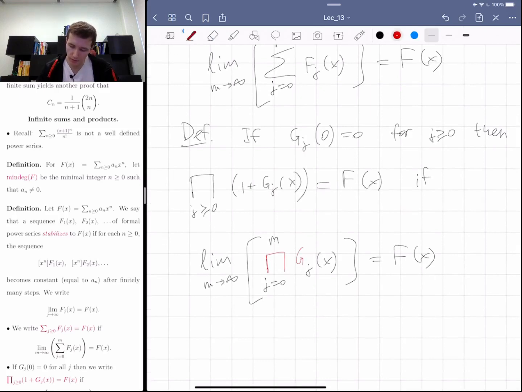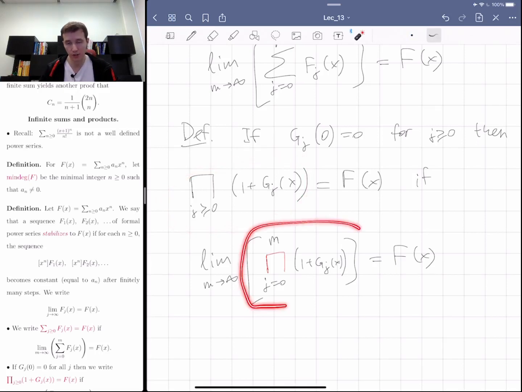Instead of f, I'm going to write 1 plus g sub j of x. So again, if I want to take an infinite product, then I just ask that all these finite products, each finite product is a formal power series, and I want them to stabilize to f of x.